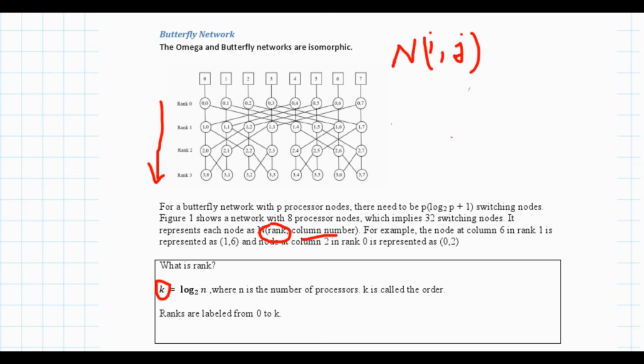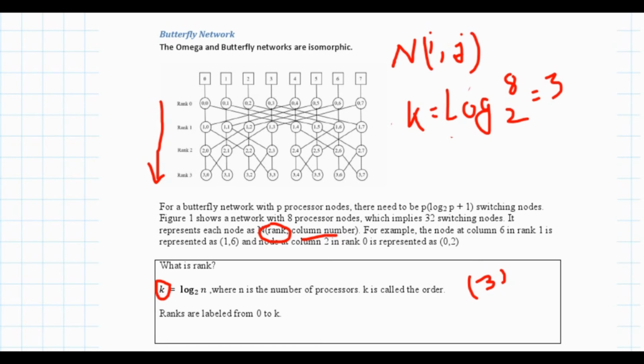So to implement the butterfly network for 8 processors, your order will be k equals log 8 base 2 equals 3. So 3 is the order for our switching structure.